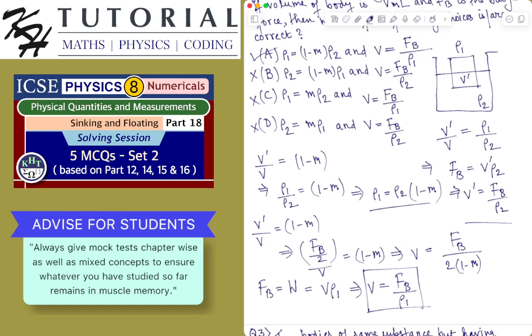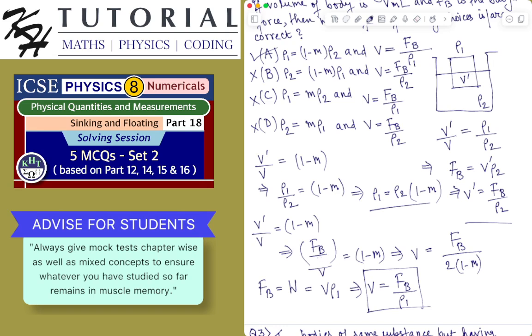If Fb equals V dash rho 2, fine. V dash is equal to Fb by rho 2, fine. So we are putting in the equation V dash by V equals 1 minus m. We are getting V dash is Fb by rho 2. Oh, V dash is Fb by rho 2. I am making a silly mistake.